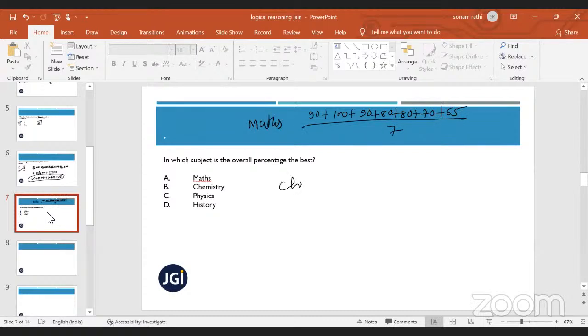Chemistry total: 50 plus 80 plus 60 plus 65 plus 75 plus 35. Divide by 7.